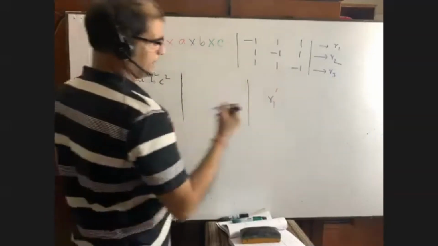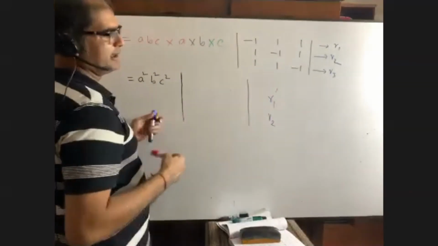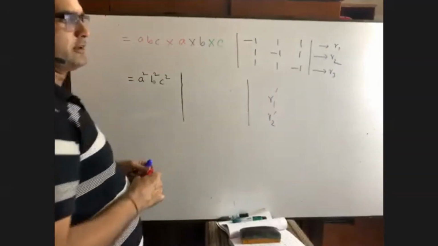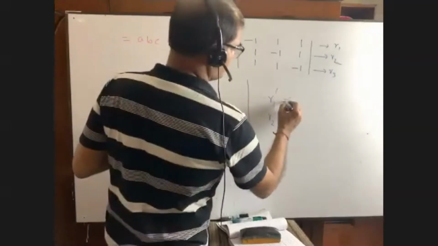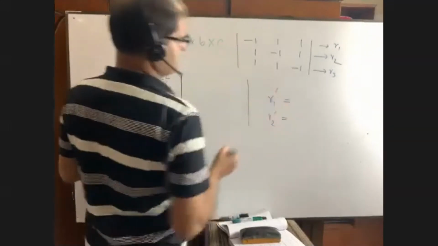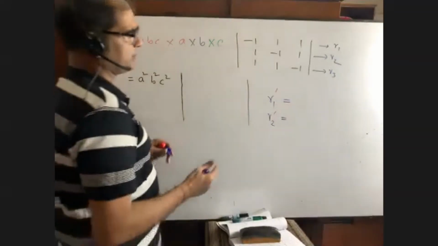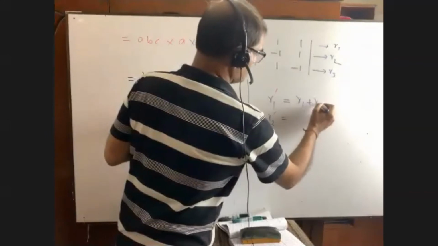I am going to write down row 2, so we have to give a new notation, row 2 prime. Please try to understand. Now you see, new row 1 will be obtained by old row 1 plus old row 2.